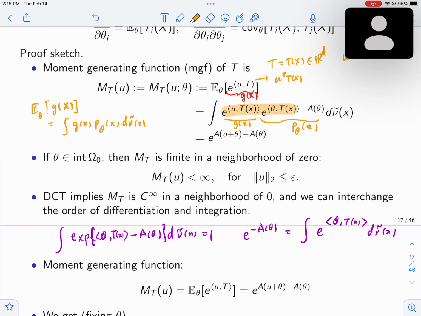And so this is exactly this with theta replaced with u plus theta. Okay, so you get e to the a of u plus theta. We can write the details, but I'm going to let you do it in your head or later. It just follows from the definition of things.